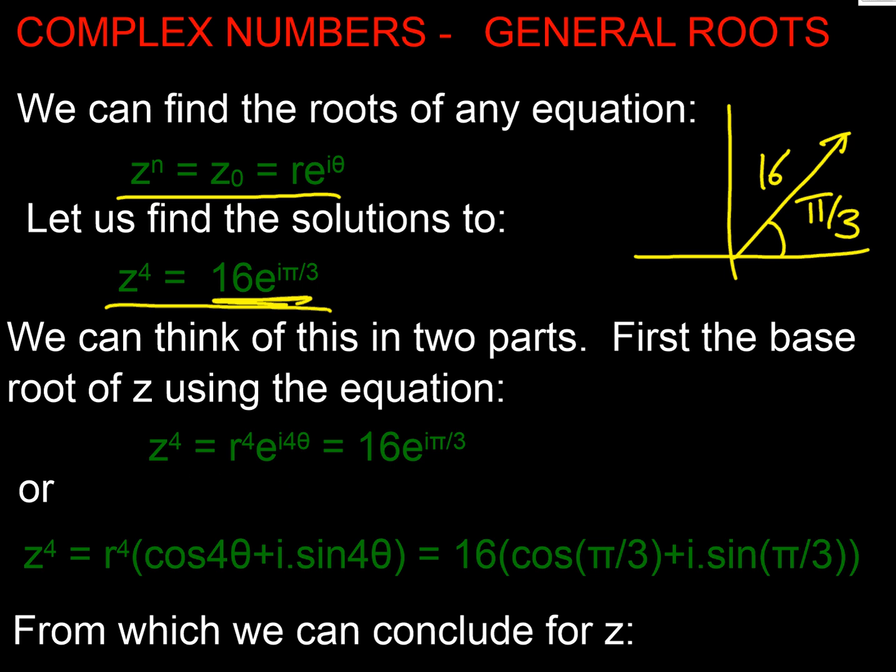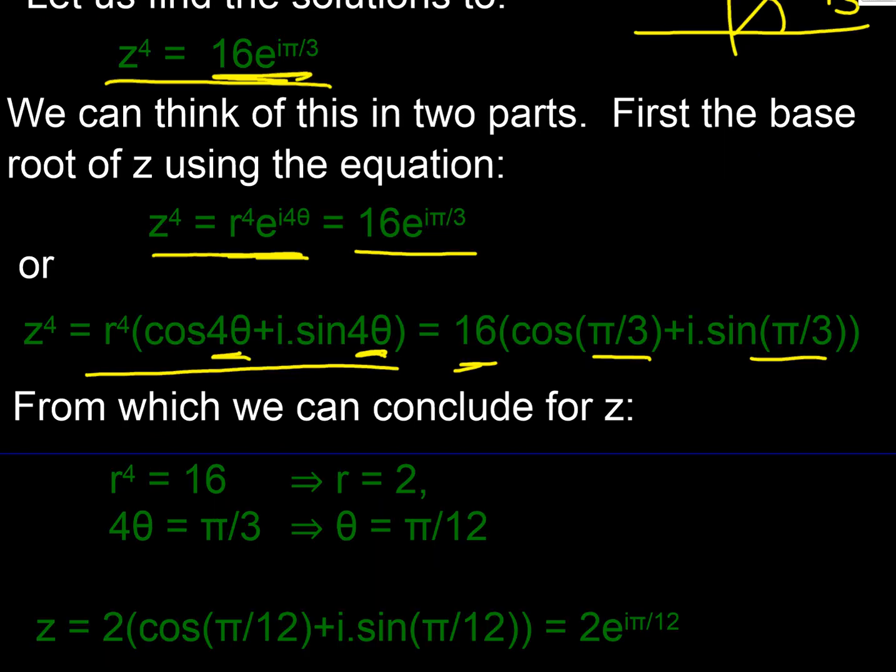So z to the 4 will equal r to the power 4 e to the 4 theta, if we started off with a solution, and in this case we're going to have that as being 16 e to the i pi over 3, and using our de Moivre, we know that's going to be r to the 4 cos 4 theta plus i sin 4 theta, and that's got to equal 16 times this unit complex number, which has got an angle pi over 3. So if we equate our parameters here, then r to the 4 has got to be 16, so r's 2, and 4 theta has got to equal pi over 3, so theta is pi over 12.